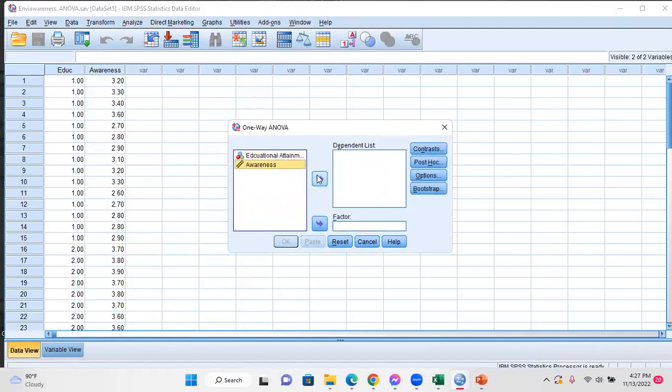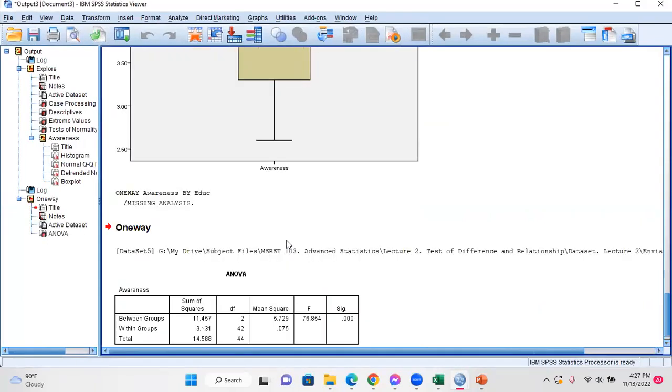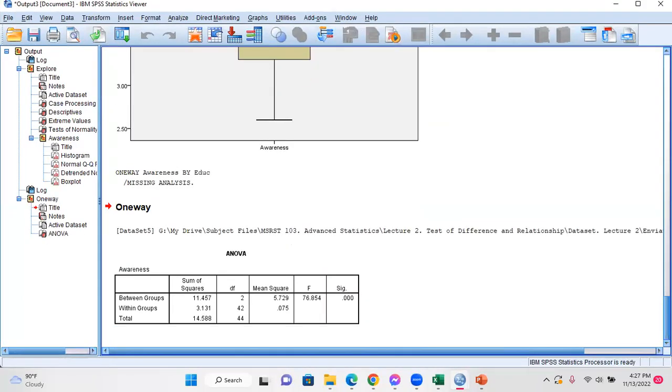Then, awareness, independent, and then educational attainment, factor. So, click OK. Uy, significant. There is a significant difference.